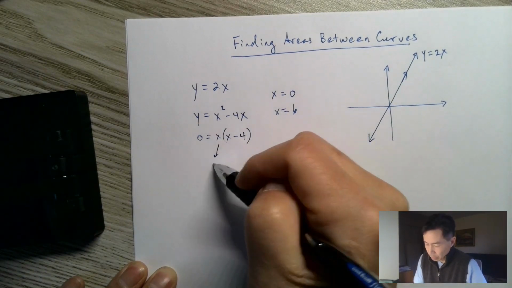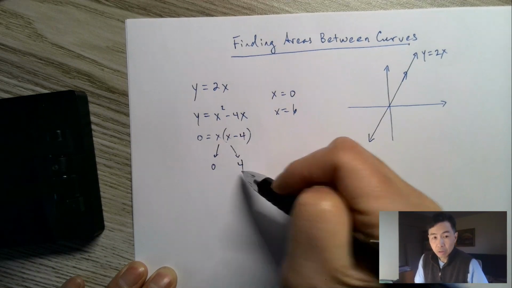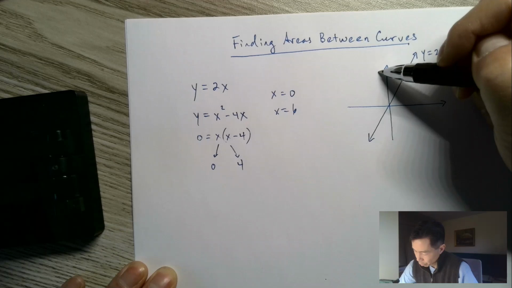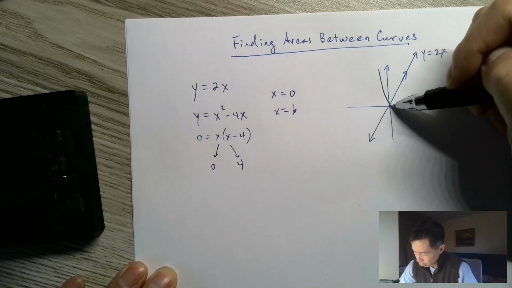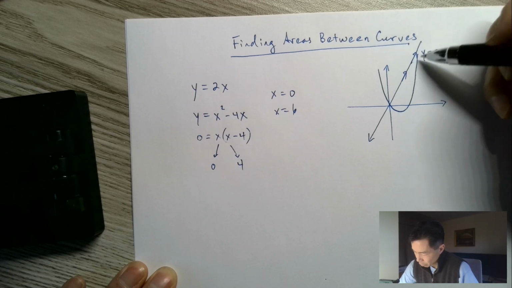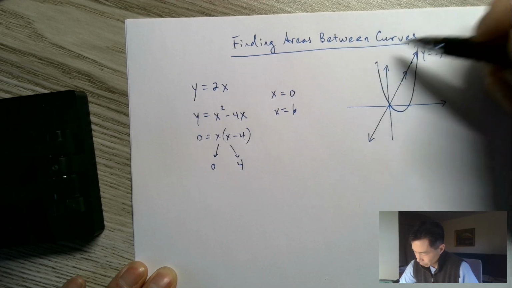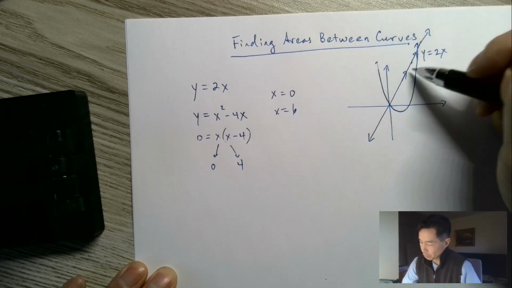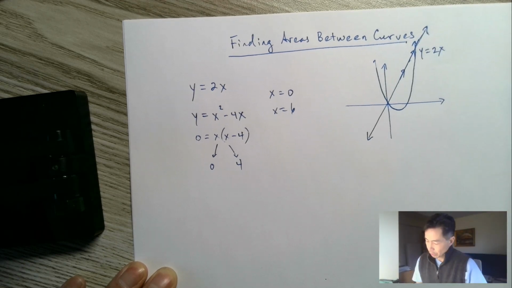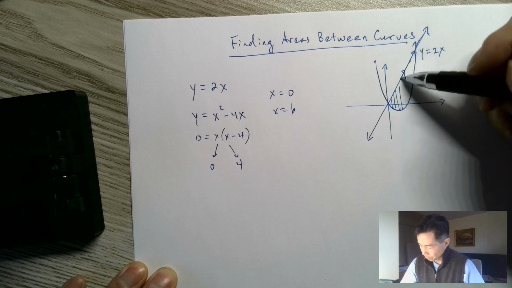One will be at 0 and one will be at 4, and it's a right side up parabola. So it'll go through the origin, and the x-axis at 4. Okay, that's why I should have made the straight line longer.